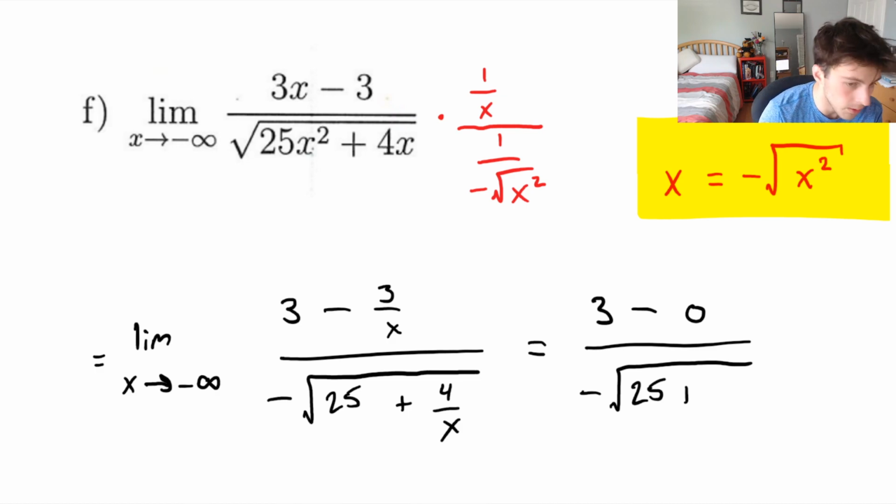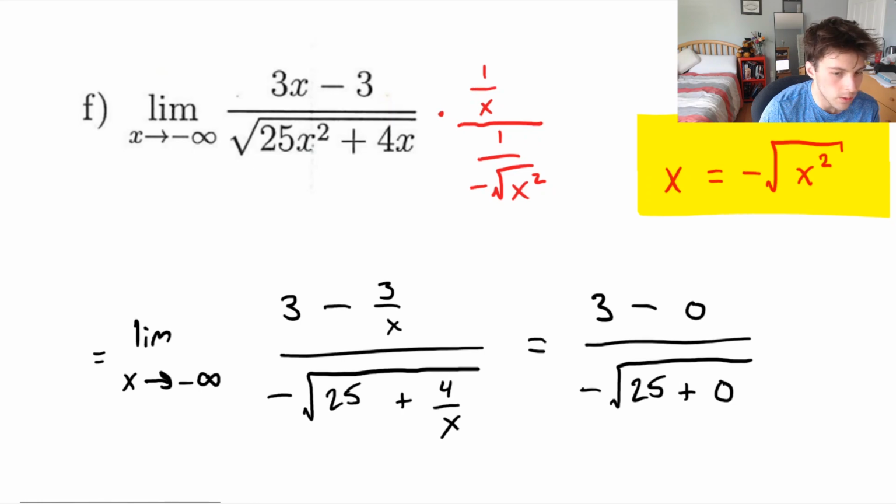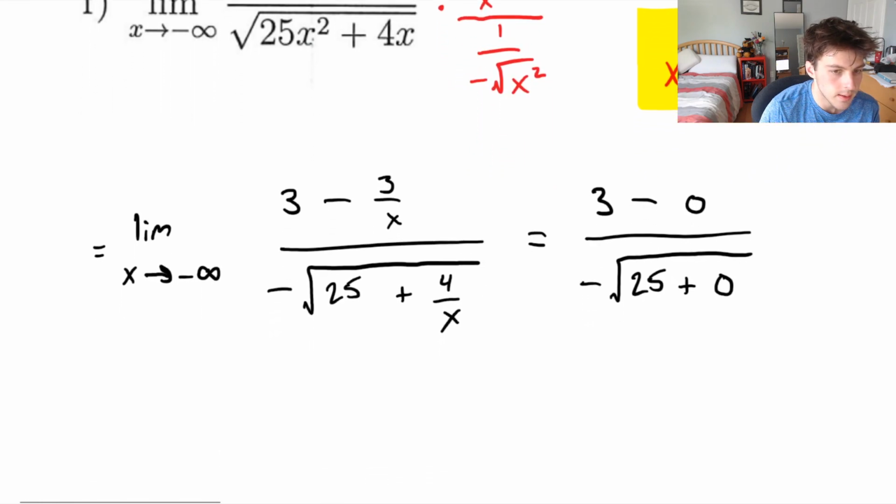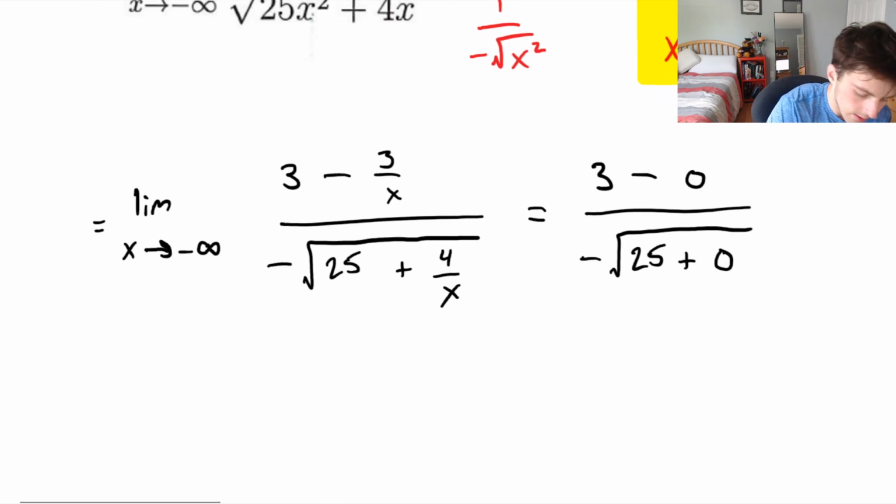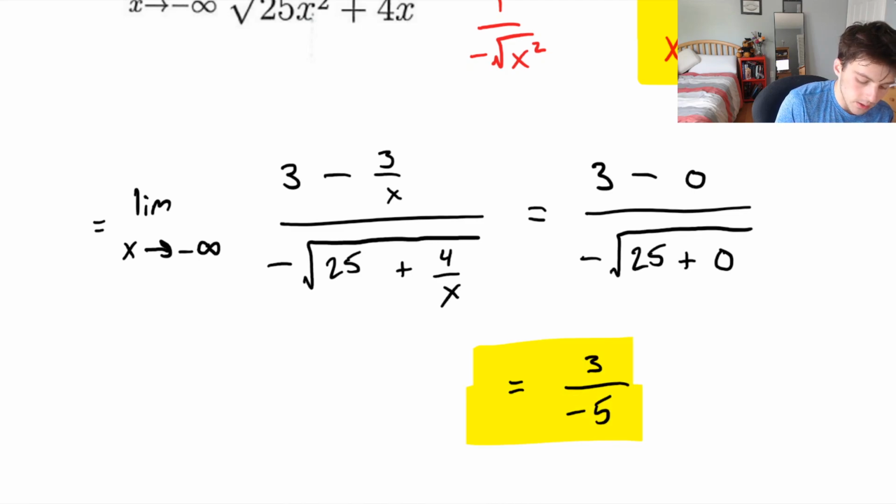It's going to reduce to about 0 plus 0. Okay. Let's scroll down a little bit. And we can see that this is going to be 3 divided by negative 5, or negative 3/5. And this would be the answer to our limit.